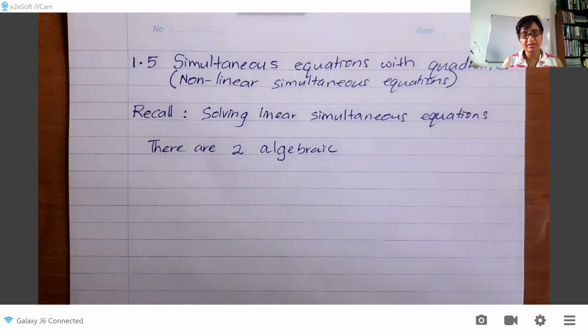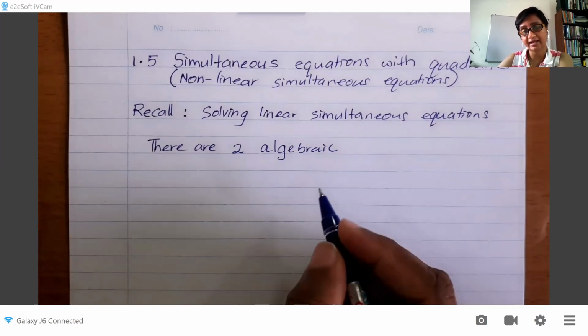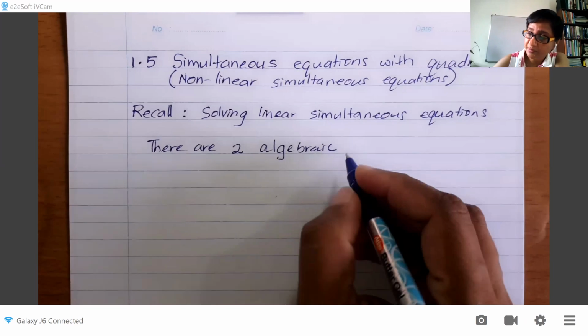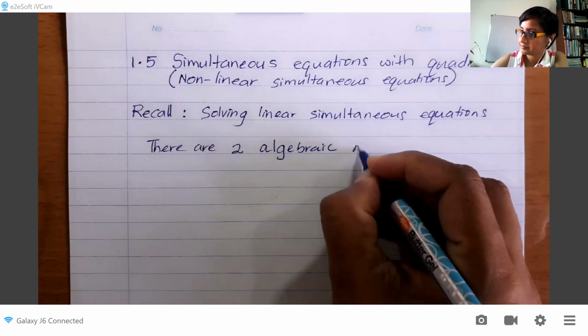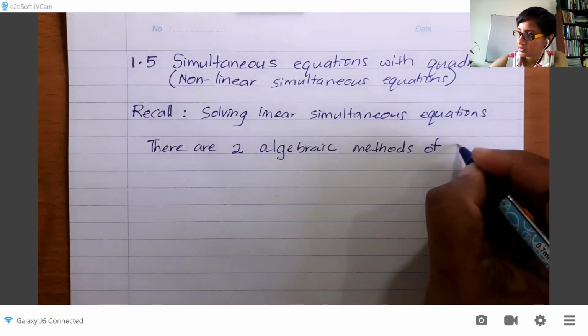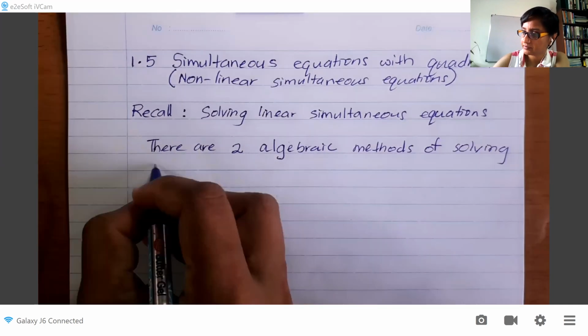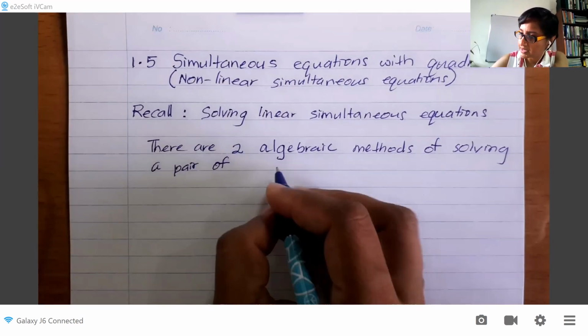In contrast to algebraic methods, there can be geometric methods or graphical methods of solving equations. You will learn that in the next topic, which is coordinate geometry. So that's why I say there are two algebraic methods, because there can be graphical methods too. There are two algebraic methods of solving a pair of simultaneous equations.